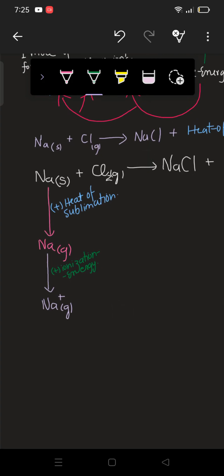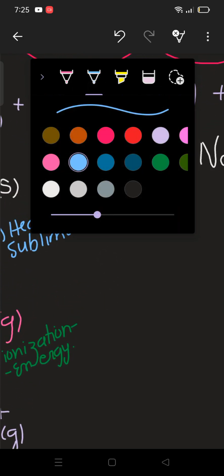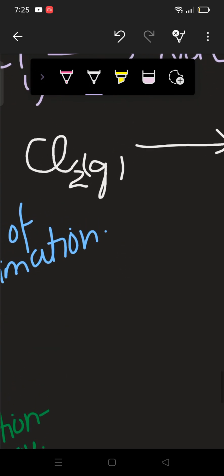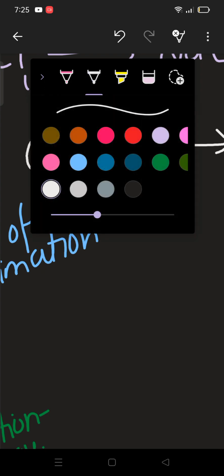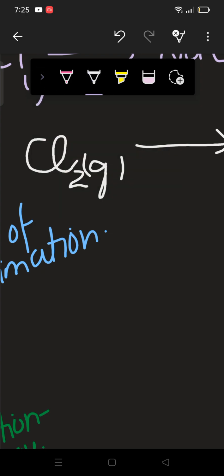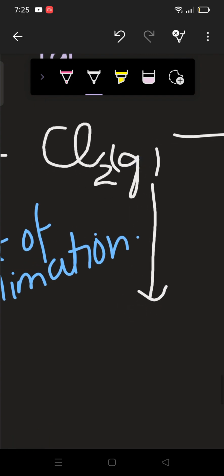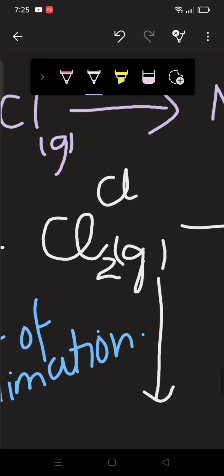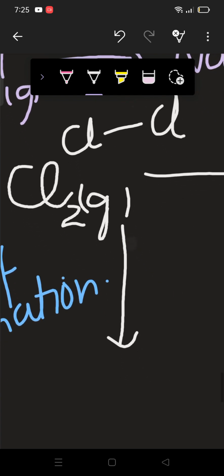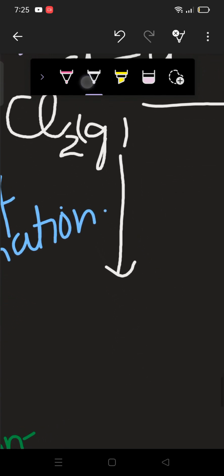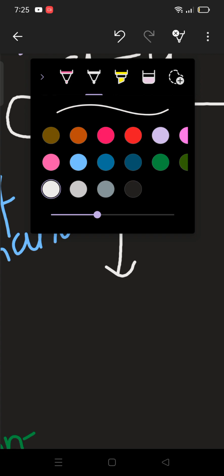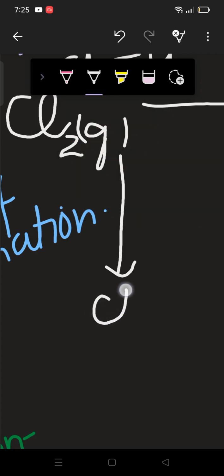Now we are going to take Cl. Cl is already in the gaseous form, but there is a bond between them, Cl2. Now we need to break this bond, so here we need to give energy again, in order to make it lone gaseous atoms.